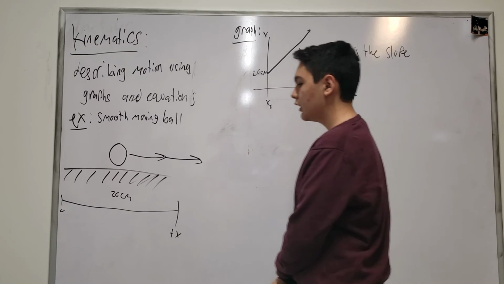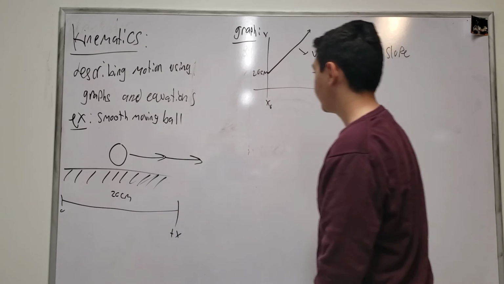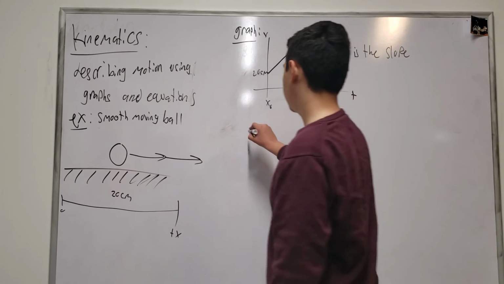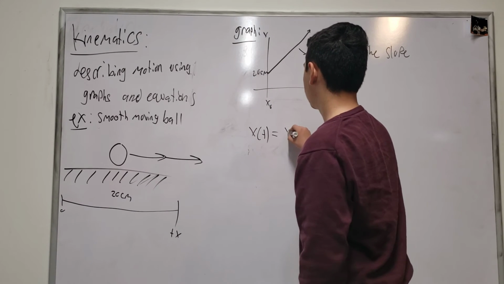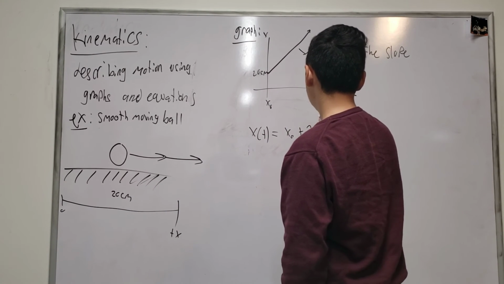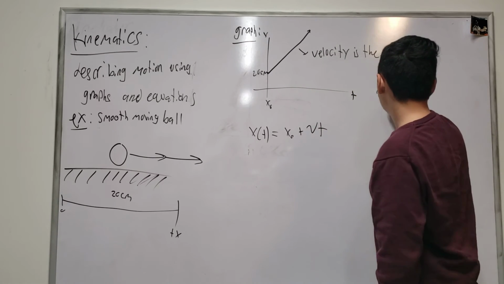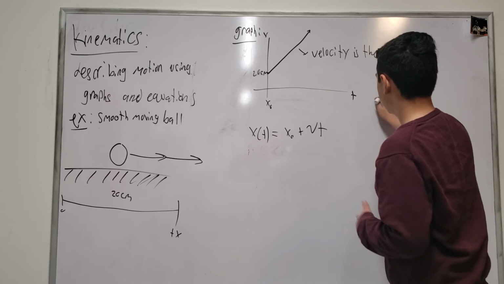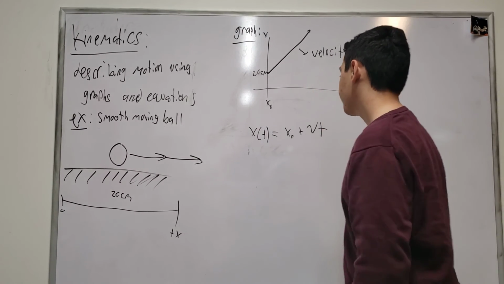Now we can actually derive velocity from this. So x of t is equal to x0 plus the velocity times t. This v right here is what we call velocity, a cursive v. There are many ways you can write it, but that's normally the velocity you'll see in physics papers, math papers, everything.